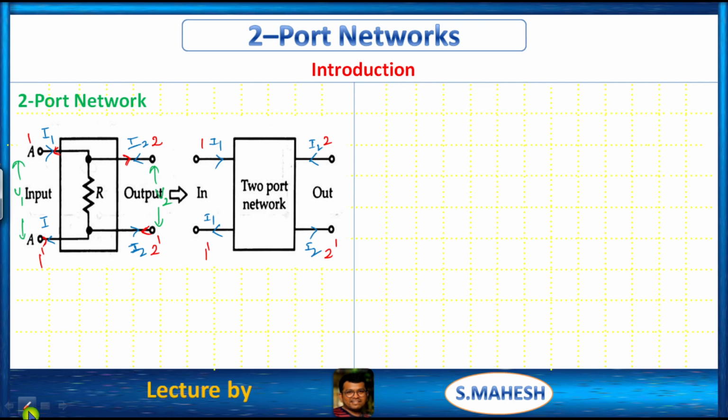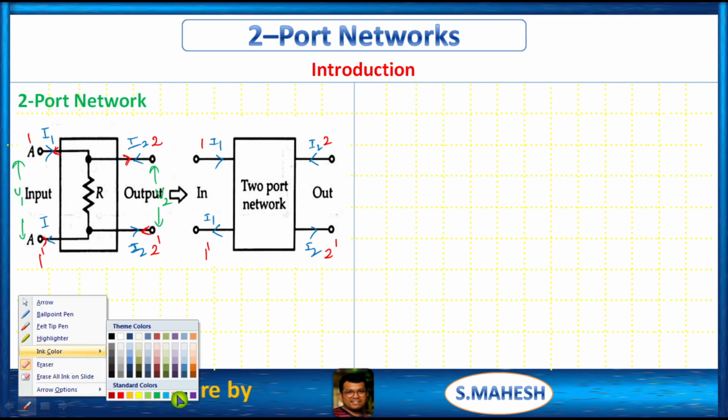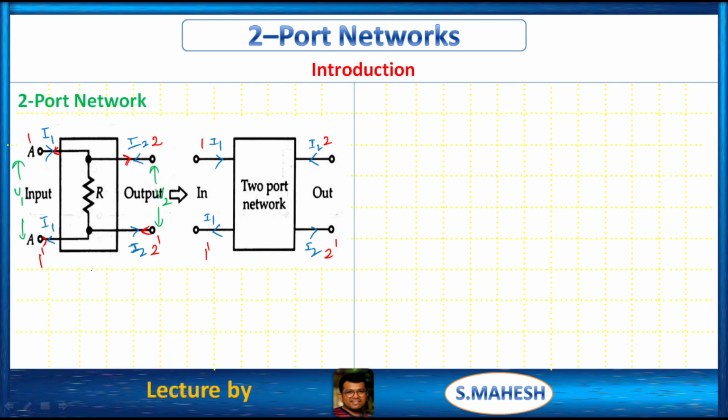Here we have 2 pairs of terminals. One pair equals 2 terminals, therefore 4 terminals. That's it. This is about the two-port network.